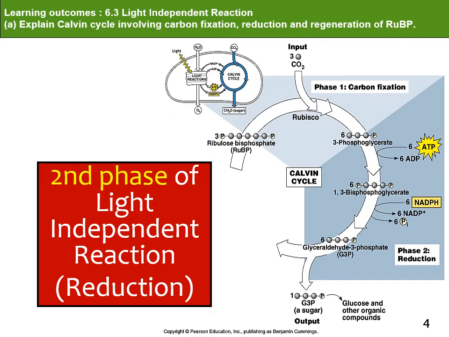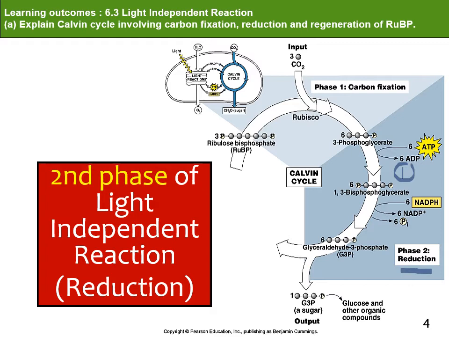Okay, the second phase of the light independent reaction or Calvin cycle is the reduction. In this phase, it occurs in 2 steps. Step 1 is the phosphorylation process, where each molecule of 3-phosphoglycerate receives an additional phosphate group from ATP.